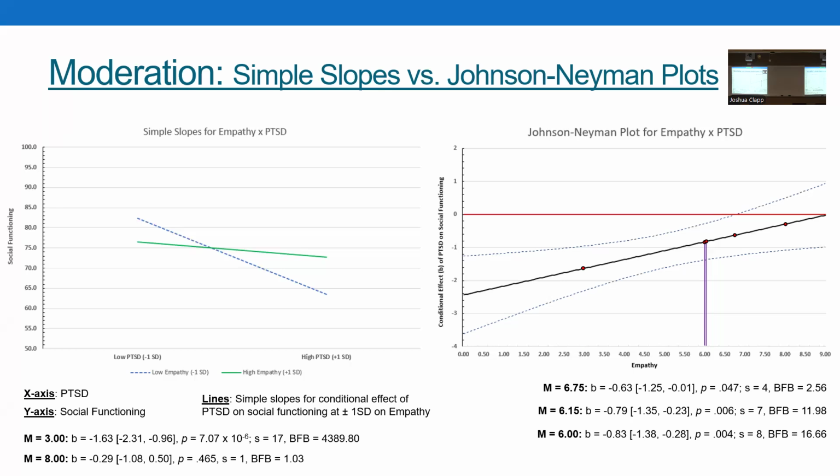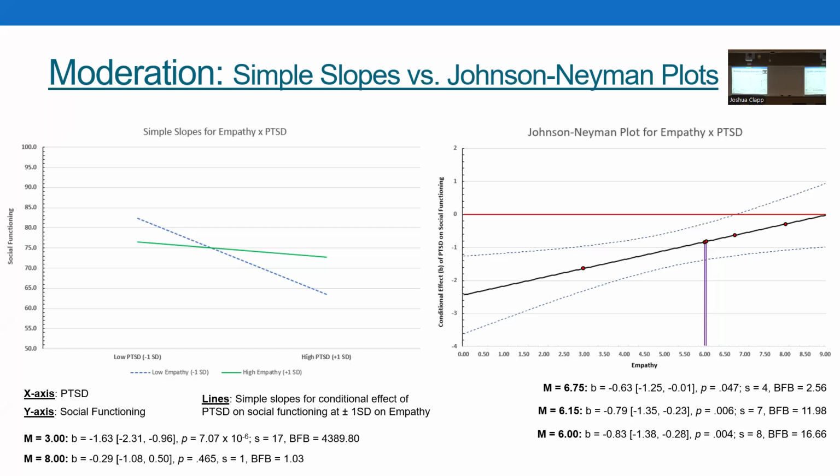What I would say is, based on these data, I have evidence for a unique effect of PTSD on interpersonal functioning for values of the moderator ranging from 0 to 6, if that's the last real value that you can score on this, right? Once empathy increases beyond that, it looks like we no longer have evidence, at least based on these data, of an association of PTSD with the outcome. Now we start to get into some calculus stuff, because what's happening is, yes, you do have an effect, but it's a decreasing effect as that moderator increases, but we still have evidence of this up to that.